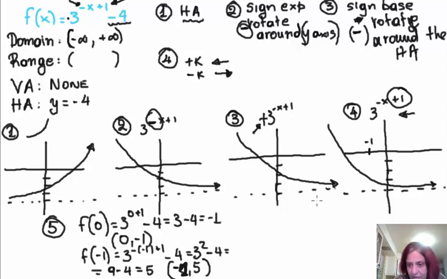In this case, I'm ready to graph my exponential function. I know what is my horizontal asymptote. I find the Y-intercept, that is right here.